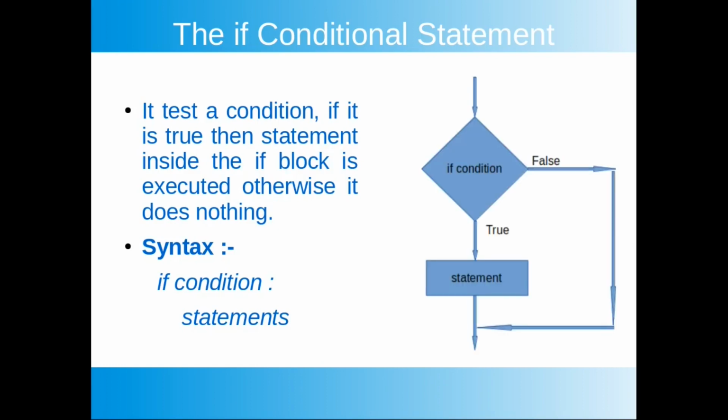You can also see the action of the if conditional statement with the help of a flowchart. It depicts that if the condition is true, then certain statements will be executed and then the program will return to its original flow, and if the condition is false, then nothing will be executed and the program will return to its original flow.